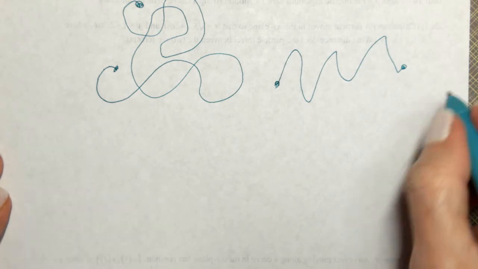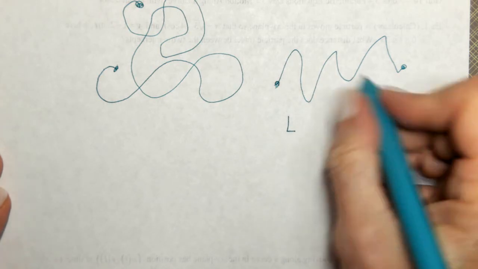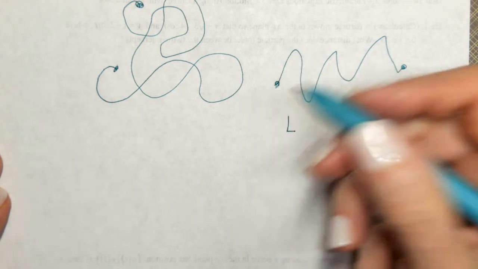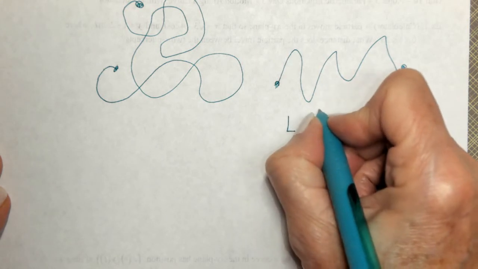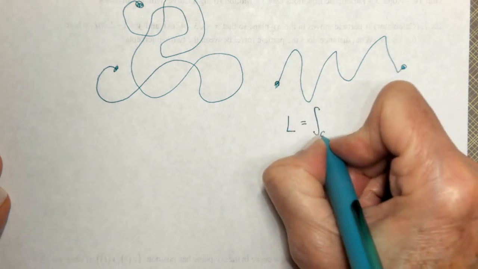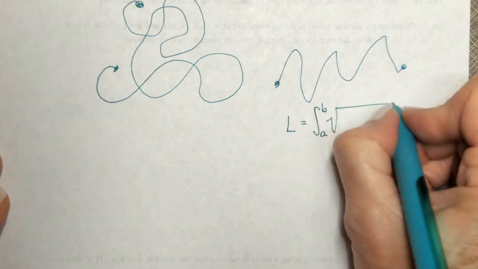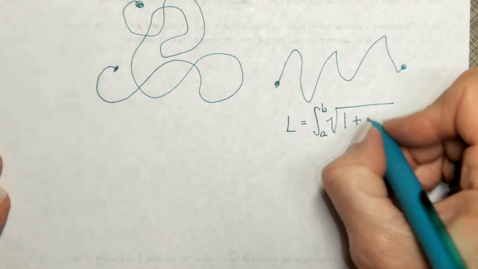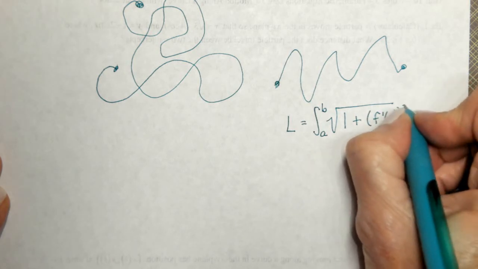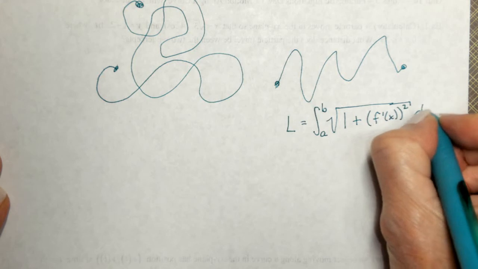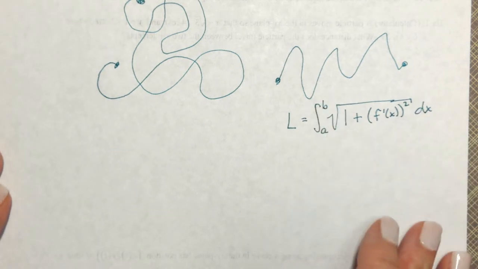And the length of a function we found, and I could derive it, it came from the Pythagorean theorem, and then finding all of the sums, it came to be the integral from x equals a to x equals b of the square root of 1 plus the derivative squared dx. That was our length of a function.